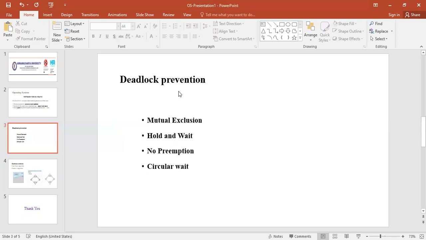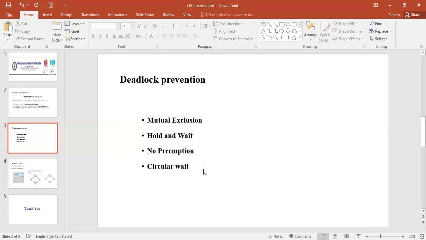Here, deadlock prevention depends on the four characteristics of deadlock: mutual exclusion, hold and wait, no preemption, and circular wait. Only mutual exclusion cannot be made to not satisfy the condition, so based on this mechanism the deadlock can come.